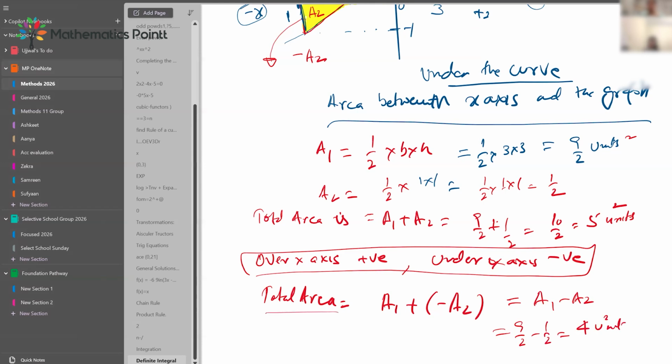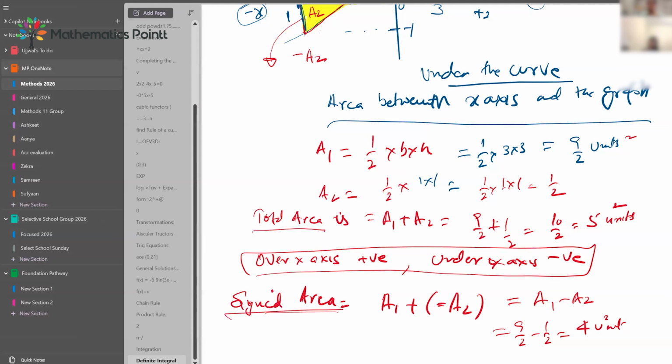This area, which takes into account the positives and the negatives, given that sitting over the x-axis is positive and sitting under the x-axis is negative, is not called total area anymore. Since I have signs associated with it, I call it signed area.